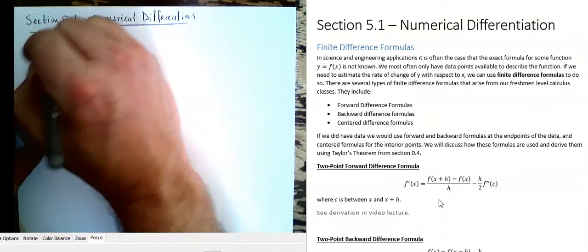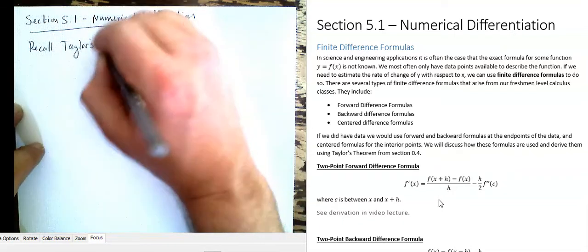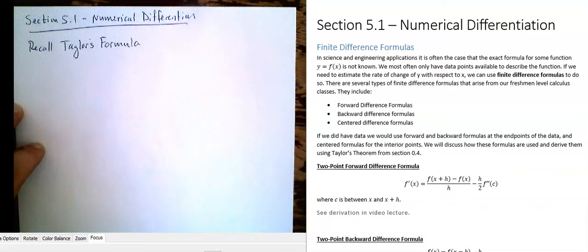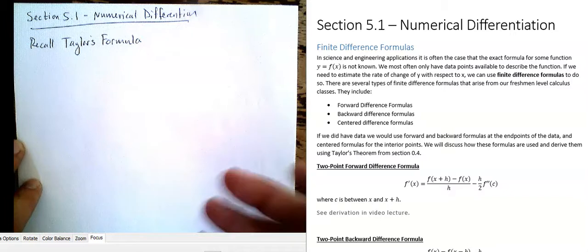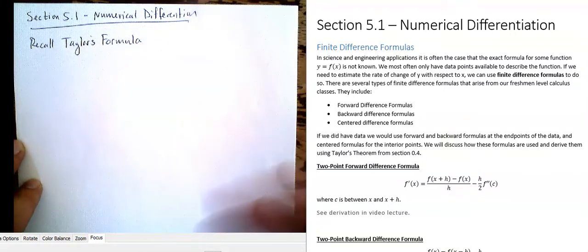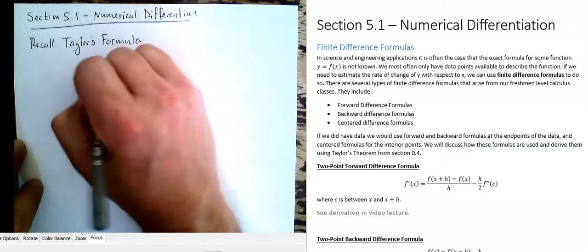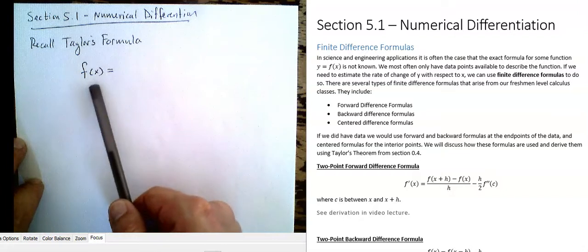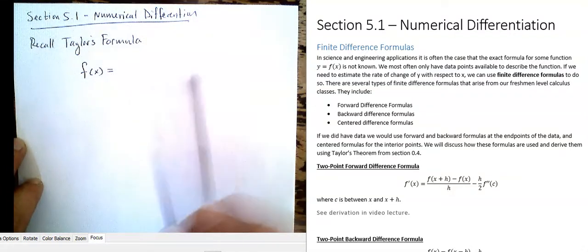From section 0.4, we looked at a formula that would be utilized to approximate the function centered at various points. That formula was this. We know that Taylor's formula represents any function f of x as a polynomial, so the sum of a bunch of polynomial terms.